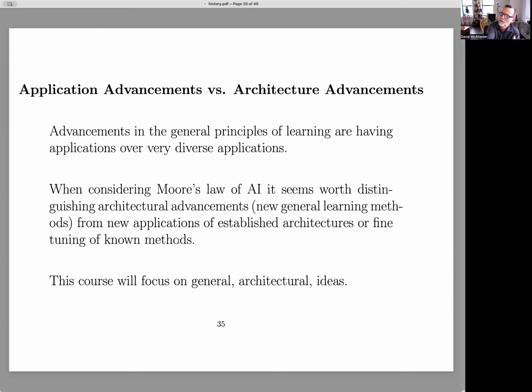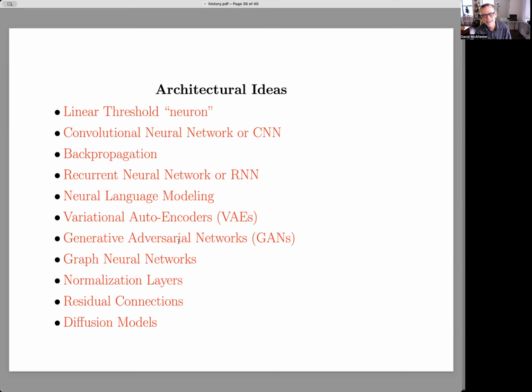They apply across a broad class of applications, from molecular biology to game playing to language processing to automatic programming. But when we consider Moore's law, I want to make a distinction between progress on the applications and progress in our understanding of architecture. And in this class, what I want to focus on are the general ideas, the architectural ideas.